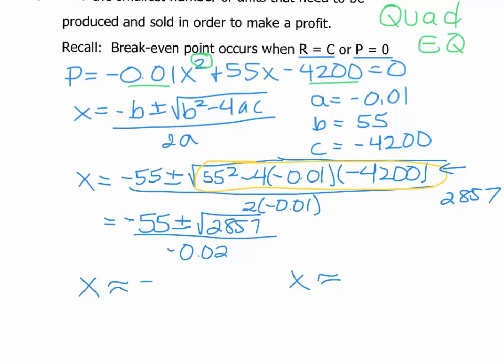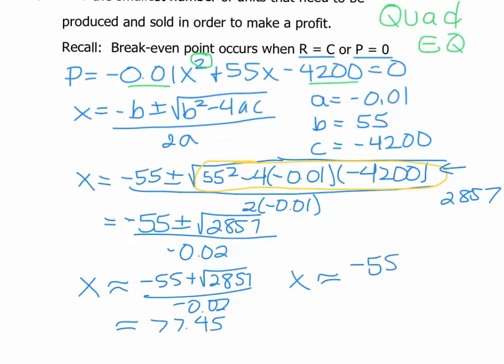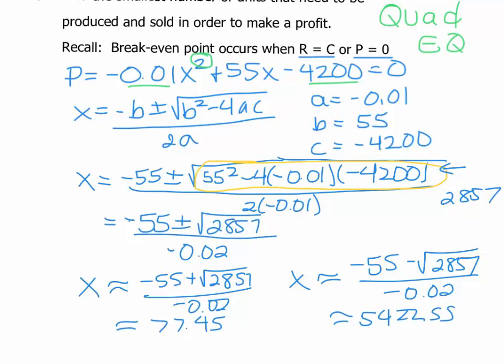When I do the negative 55 plus the square root of 2,857 over negative 0.02, I end up with approximately 77.45. And when I do the subtraction version, I end up with approximately 5,422.55.